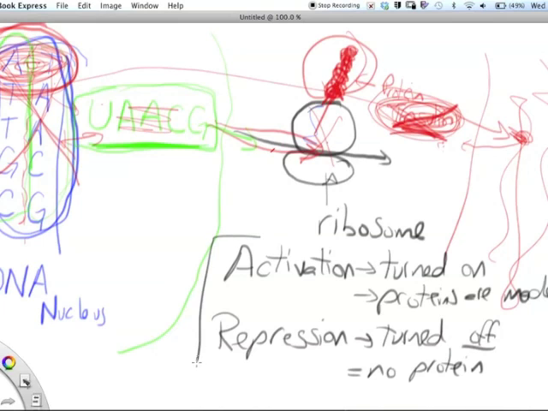So this is the crux of gene expression. And it's what actually makes sure that you're only making this lovely protein over here, insulin, when you have sugar in your blood. Because without the sugar, the insulin is useless and it just sits there, waste of energy, and you never want to waste energy.